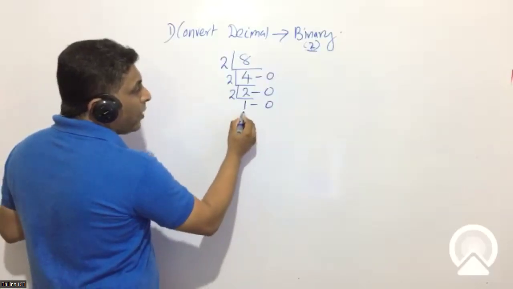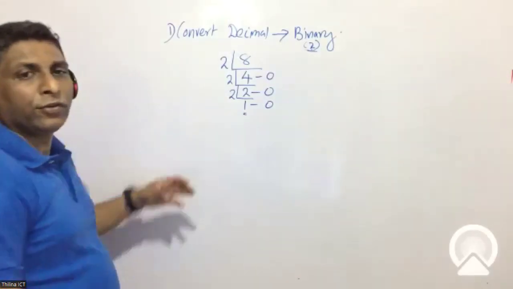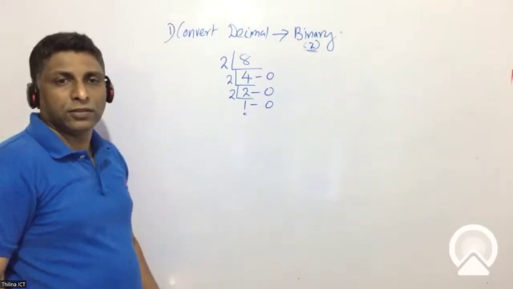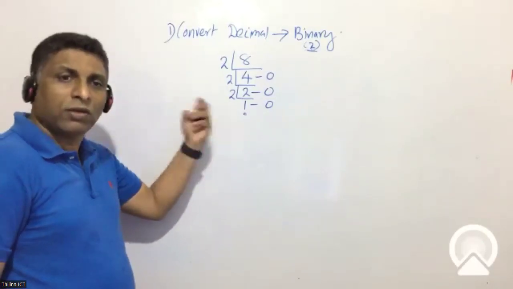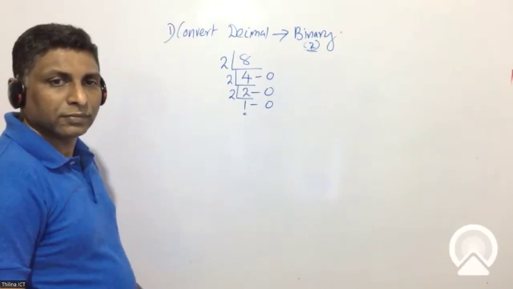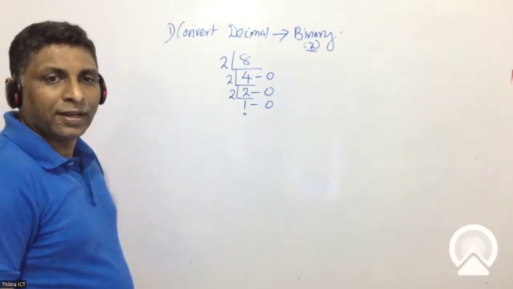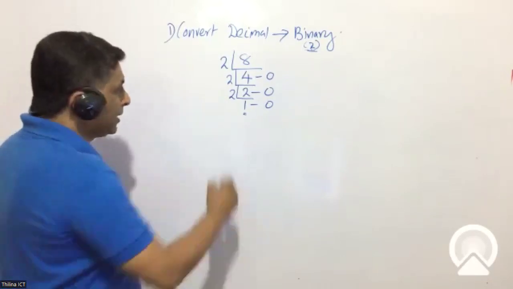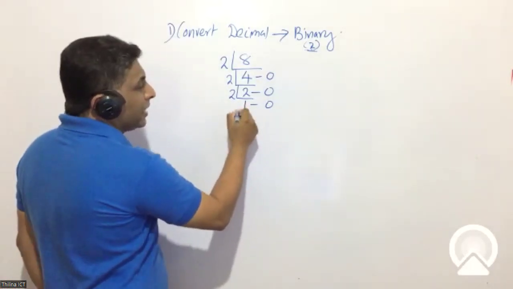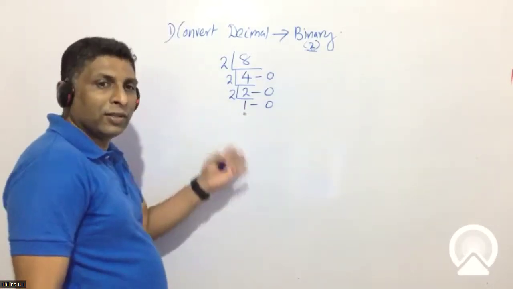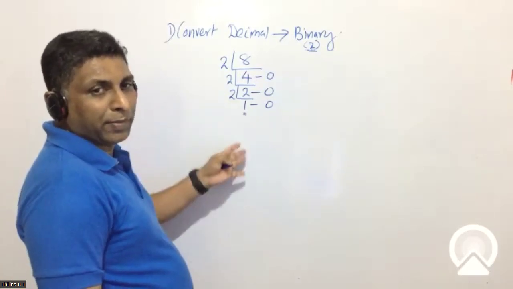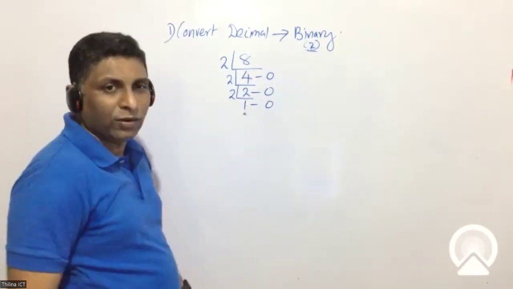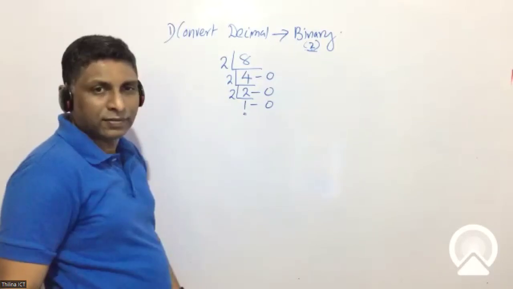Now we arrived at 1, so there's no need to perform further division. If you continued dividing, you would get 0 with remainder 1.